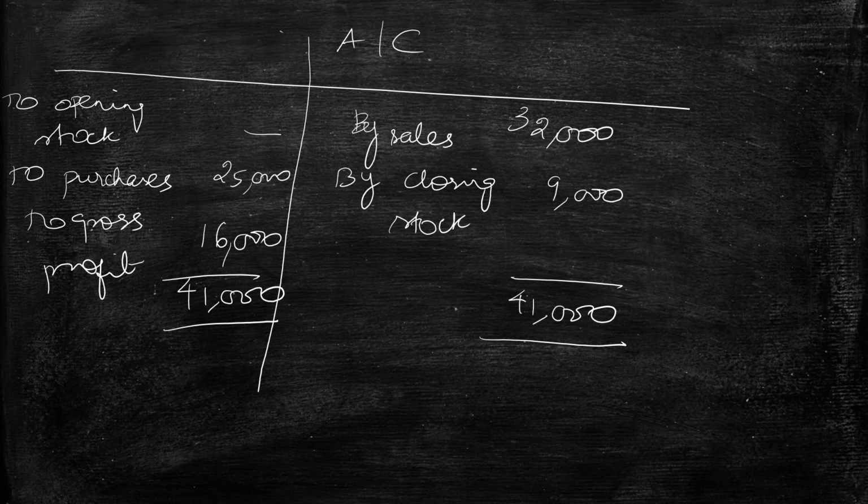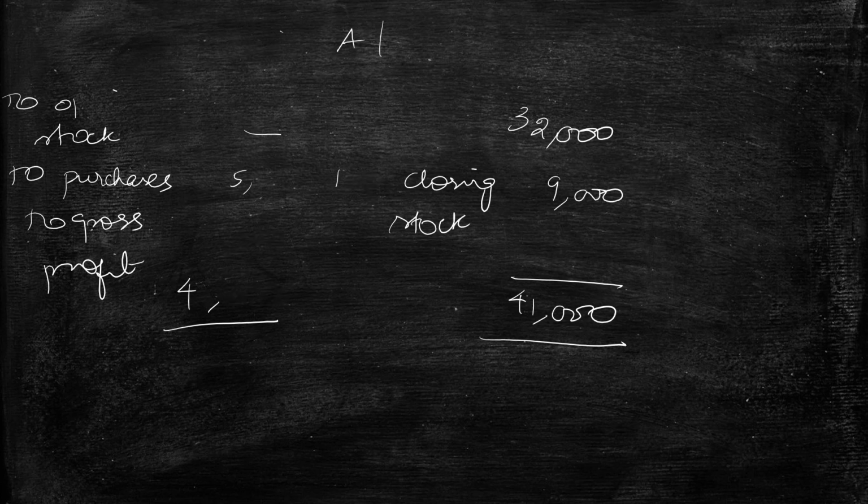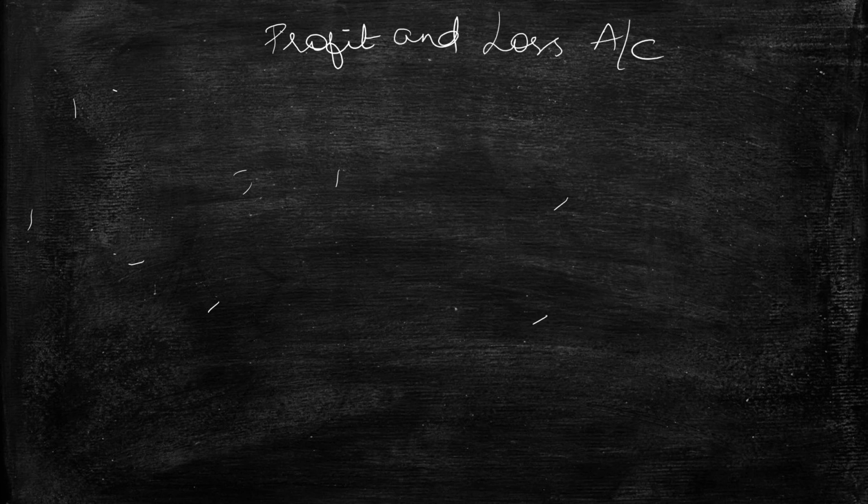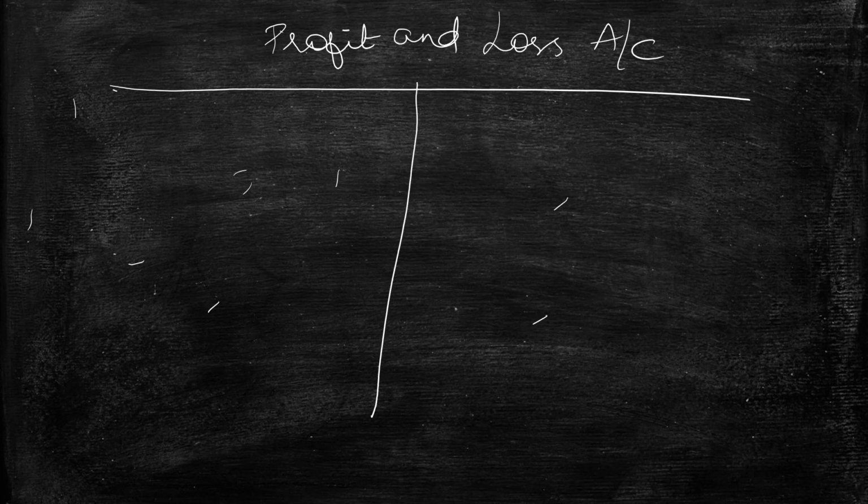So now I am creating the profit and loss account. There are two sides, debit side and credit side. First, I am going to enter all the items in the debit side.